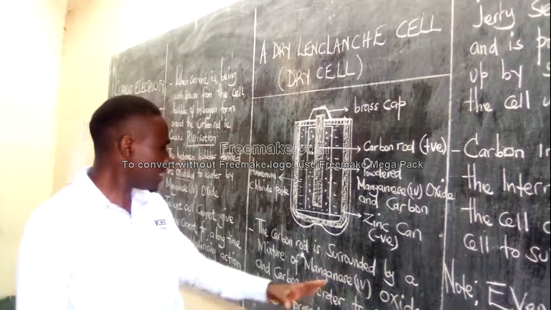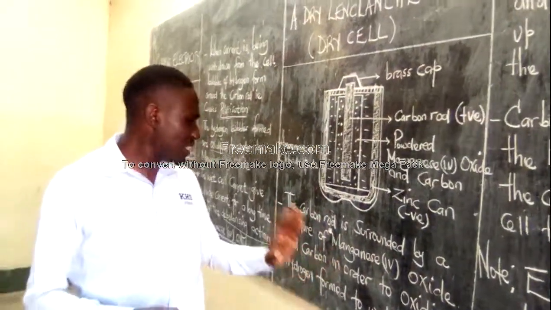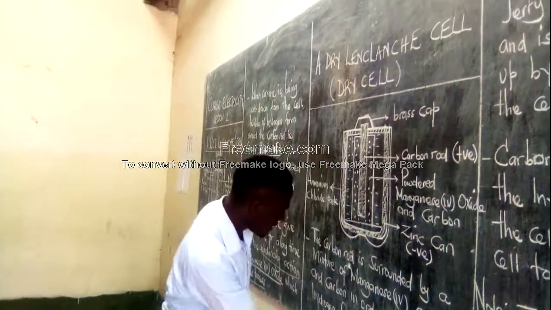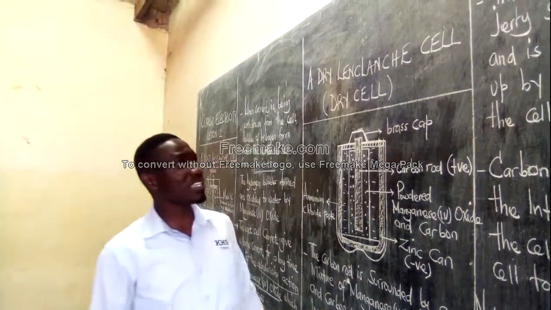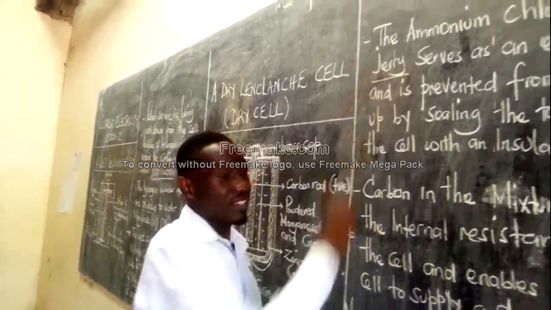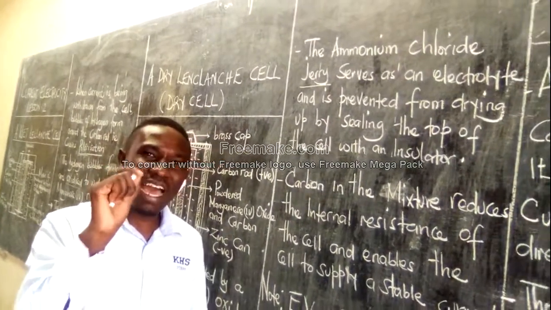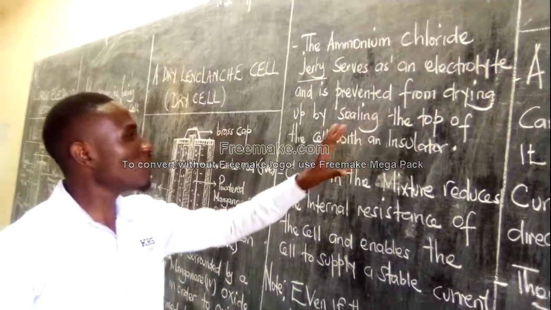So we are saying the carbon rod is surrounded by a mixture of manganese(IV) oxide and carbon in order to oxidize hydrogen to form water. Then this ammonium chloride jelly will serve as an electrolyte. And it is prevented from drying by sealing the top of the cell with an insulator.